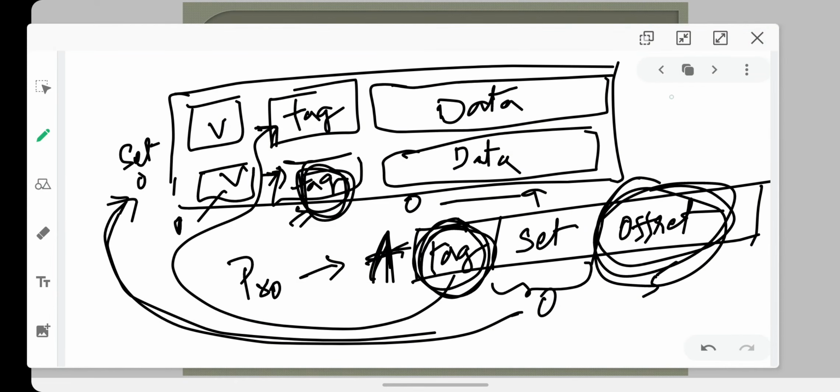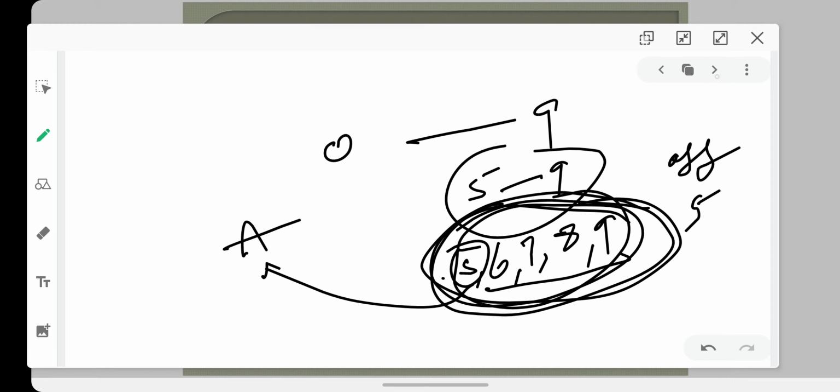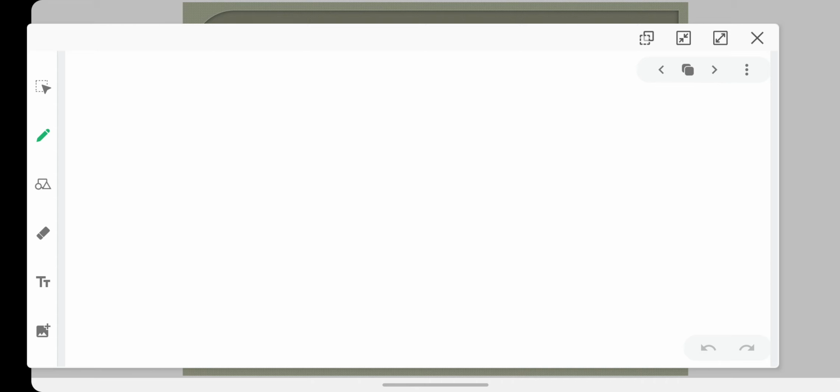Now, coming to the cache size, how are you going to calculate it? Let us keep it basic, without any complex formula deductions. What does the cache have?